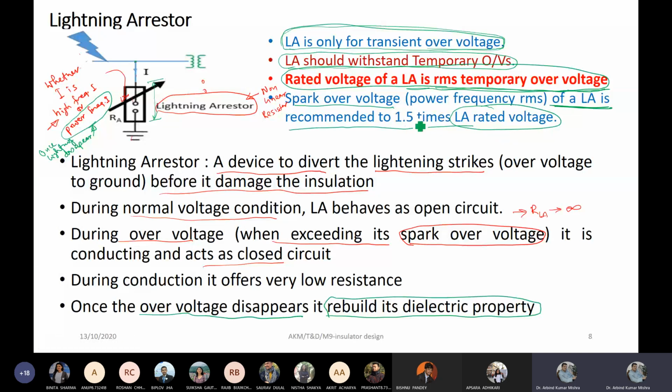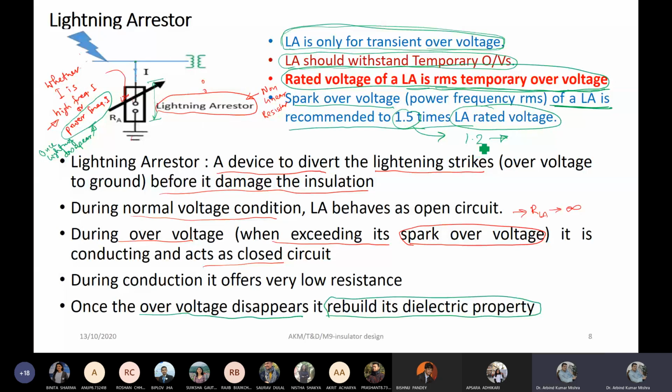Now, what will happen if we go below this? Say if we choose 1.2 instead of 1.5, then the advantage is that the insulation level of the whole system could be reduced, because once it conducts at a lower voltage, it can protect from any voltage over that.